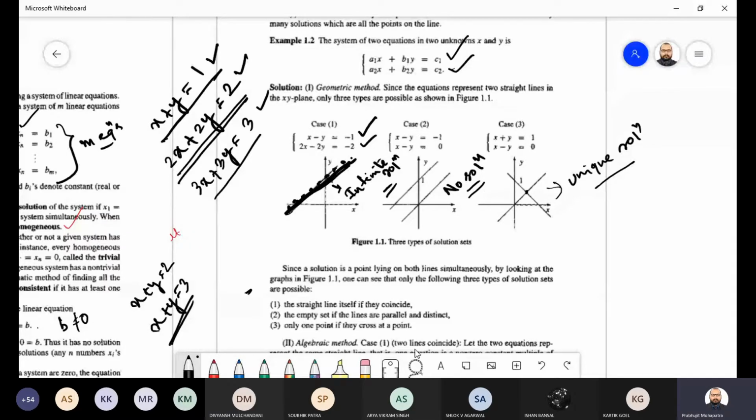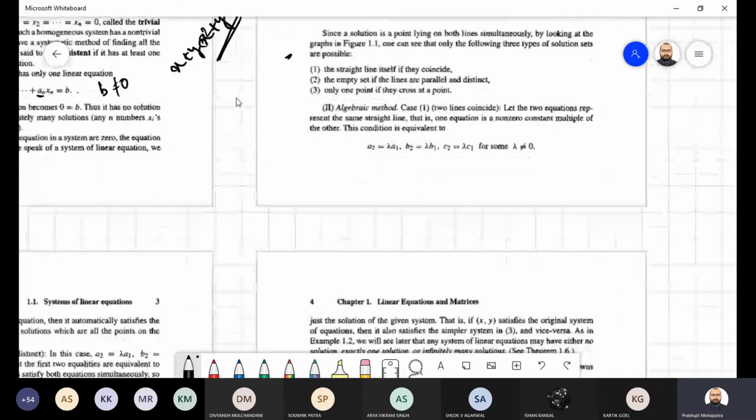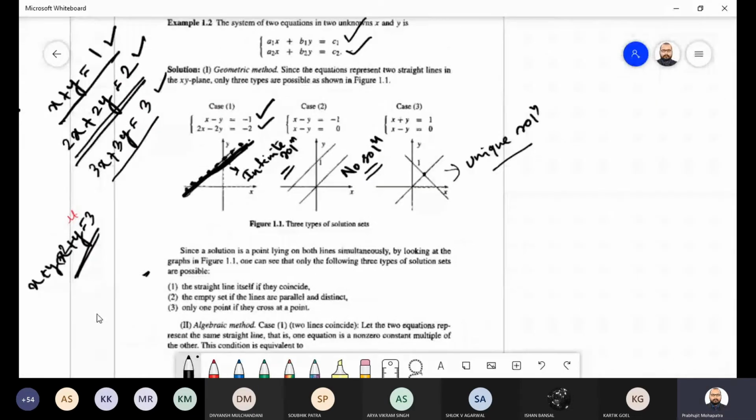So these two lines, you can draw, we have already drawn them. Sorry, I think I erased. Okay, so x plus y equal to 2 and x plus y equal to 3 are these straight lines. This is nothing but x plus y equal to 2, and this straight line is nothing but x plus y equal to 3.